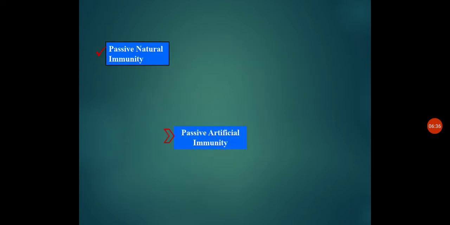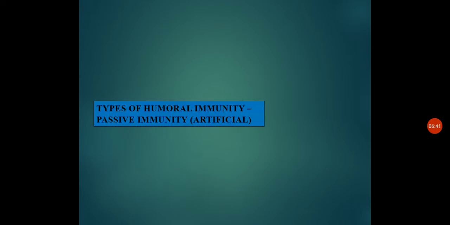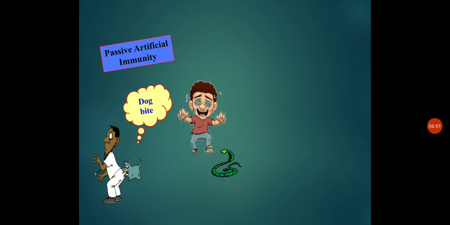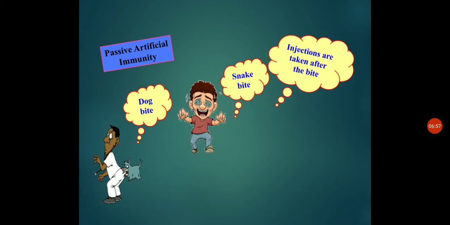Okay. The next concept is passive immunity which is artificial type. Here we come across a different scenario. You can see in this diagram, whenever a dog bites, and whenever a snake bites, in such cases we go and take injections from expert persons, or medical prescriptions are given by the doctors.